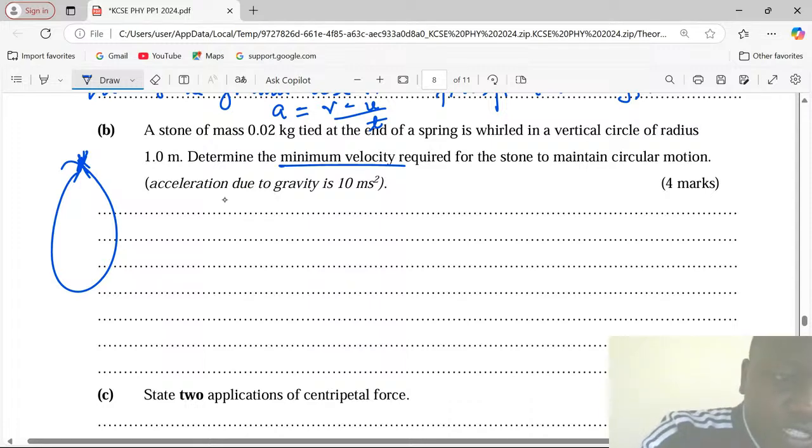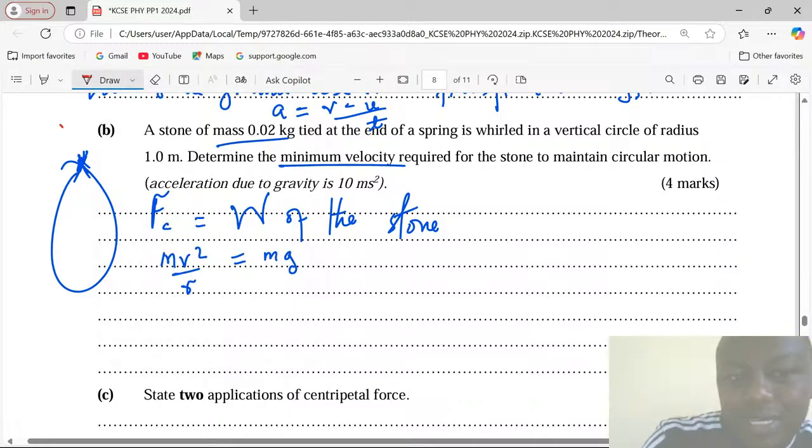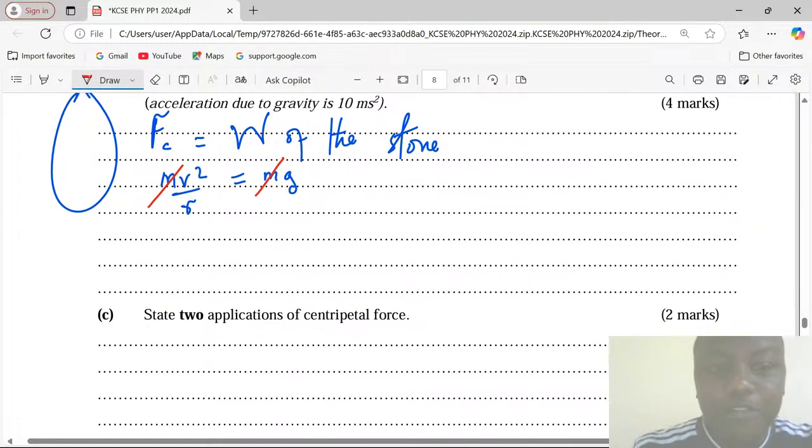And at that point, centripetal force is usually equal to the weight of the stone. Therefore, centripetal force is given by mv squared out of r. So this is equivalent to weight of the stone, which is given by mg. At this point, you can see mass will even simplify out automatically, instead of substituting mass on this side and mass on the other side when it is just the same value.